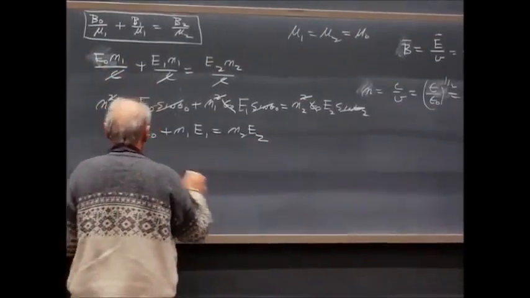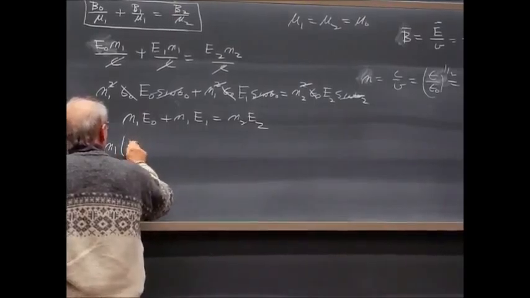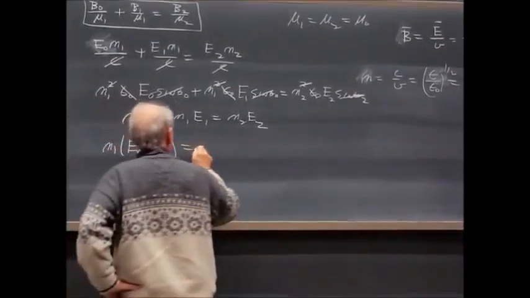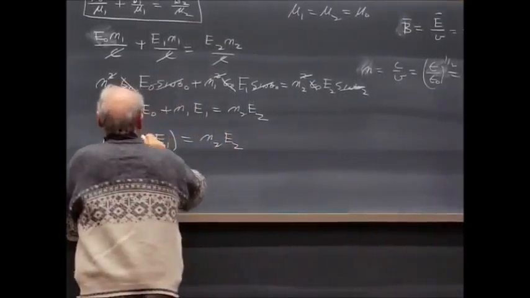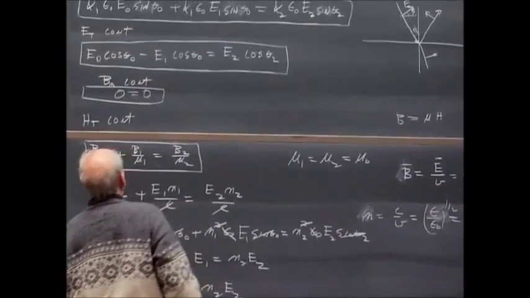So what I end up with then is two equations. N1 times E0 plus E1 equals N2 E2. That is this equation and the top one.